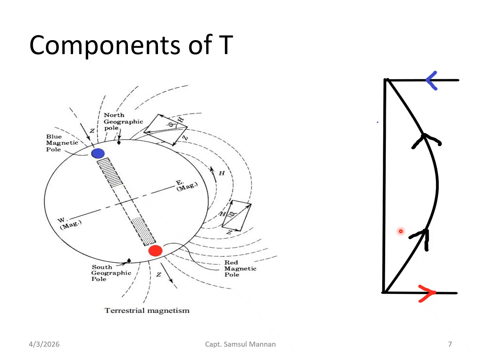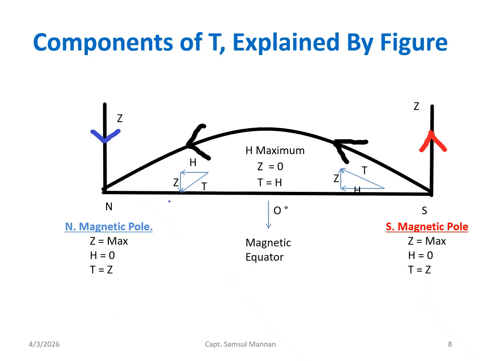Here we have taken one standalone magnetic line of force. Let us see what happens with this magnetic line of force. If we look at the southern magnetic pole, the vertical component is maximum, therefore the horizontal component is 0.